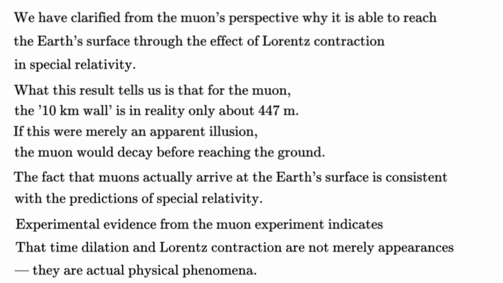If this were merely an apparent illusion, the muon would decay before reaching the ground. The fact that muons actually arrive at the Earth's surface is consistent with the predictions of special relativity. Experimental evidence from the muon experiment indicates that time dilation and Lorentz contraction are not merely appearances. They are actual physical phenomena.